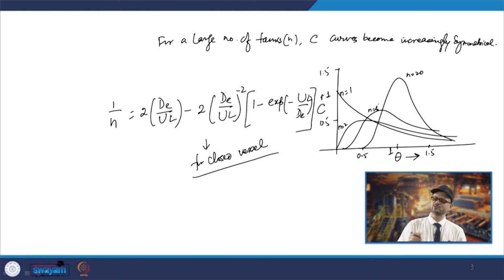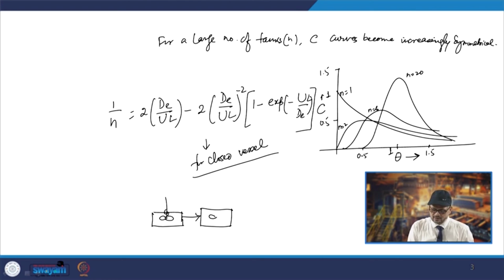Basically, when your tanks are connected in series, this is the first tank. You will have this tank here with mixing, and then it is connected to the second tank, which is again rotating. Then you will have the third one.